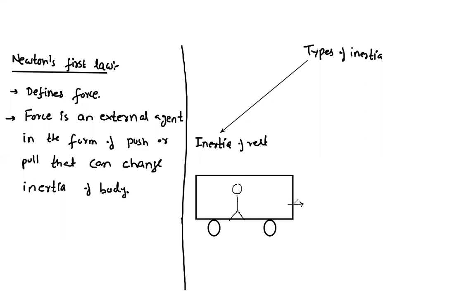The driver switched on the engine, and this bus starts moving in this direction. Say the engine applies a force F on the bus, due to which this bus starts moving. So initially, bus was at rest. So this bus, these tires, and the man standing on the bus will try to maintain their inertia of rest.